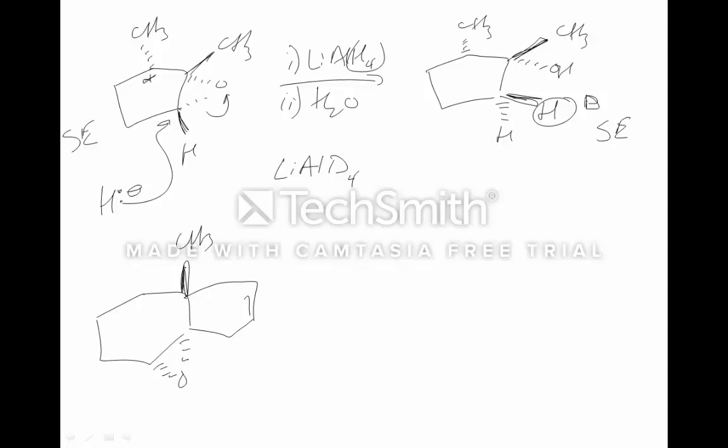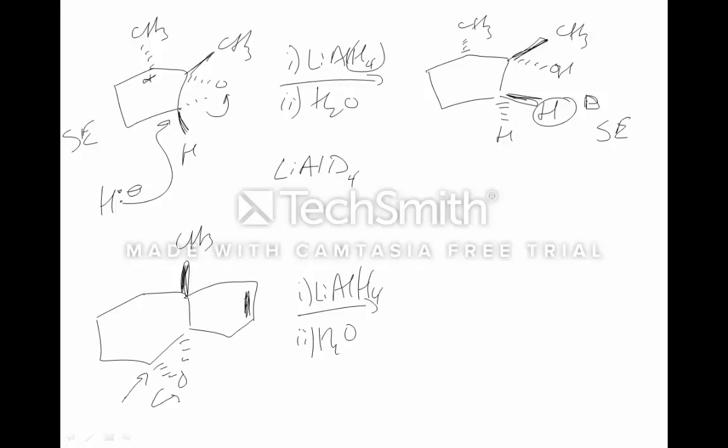One point to make about these lithium aluminum hydride reagents is that they do not reduce double bonds. Right over here on the right we have a double bond. It doesn't get reduced like it would with H2. What does happen? You reduce epoxides or alkyl chlorides. So lithium aluminum hydride is going to come from over here.